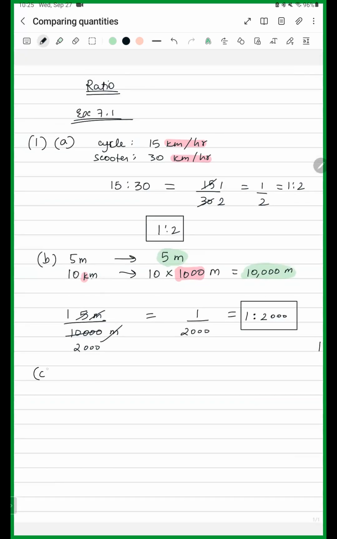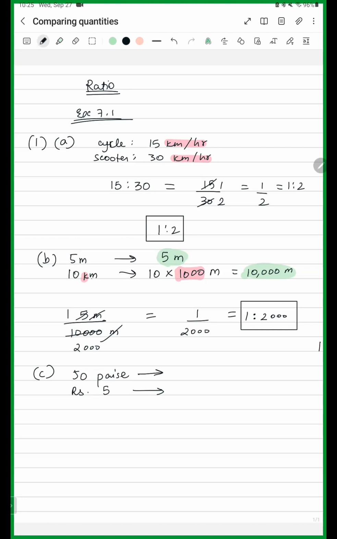50 paise to 5 rupees. So let's change this to paise. Let's change the bigger one to the smaller one. Otherwise, if you change the smaller one to the bigger one, it will become a decimal.